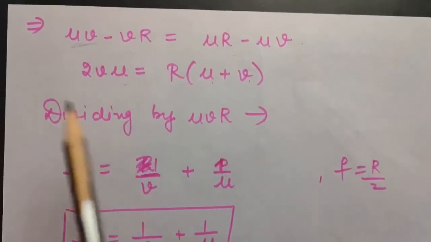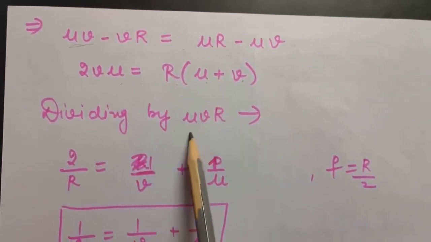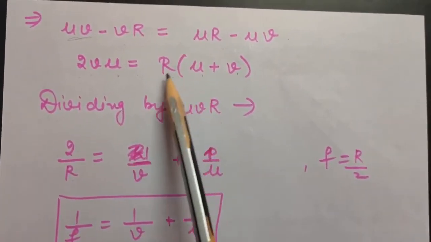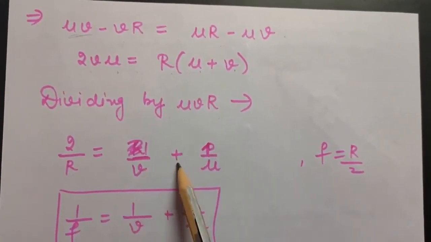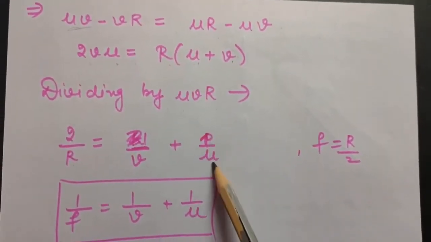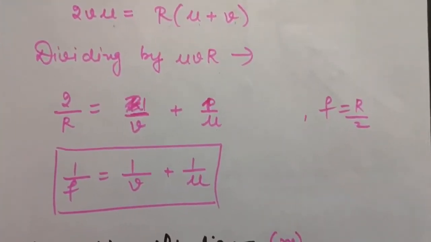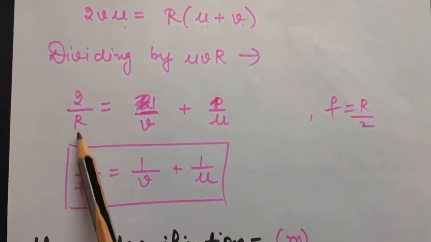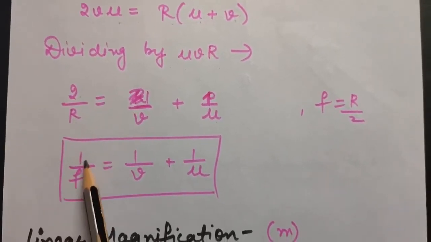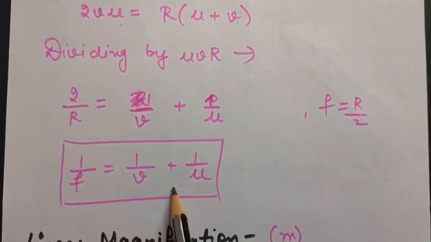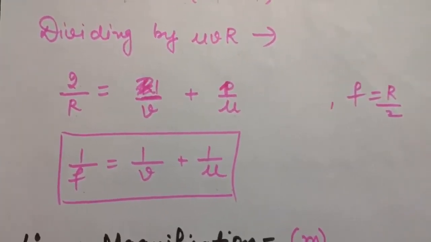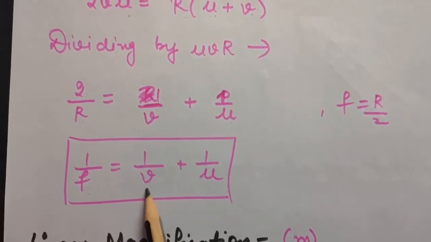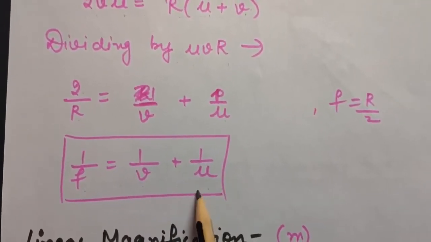Now divide this equation on both sides by UVR. When you divide it by UVR, the left side will be 2 upon R. RU will give 1 upon V, and RV will give 1 upon U. Now as you have studied the relation between F and R, that is F is equal to R by 2, so R by 2 will be 1 by F. So 1 by F is equal to 1 by V plus 1 by U. This is called the mirror formula, where F is the focal length of the mirror, V is the distance of the image from the mirror, and U is the distance of the object from the mirror.